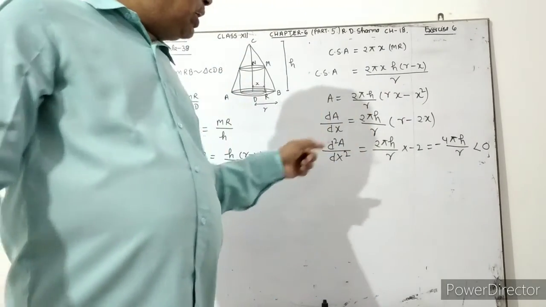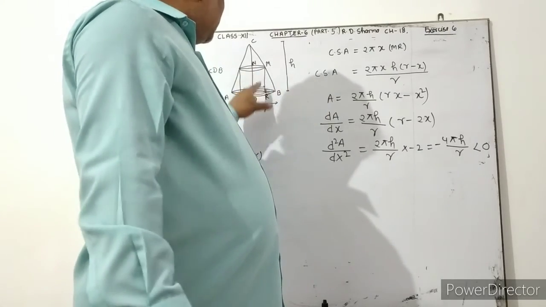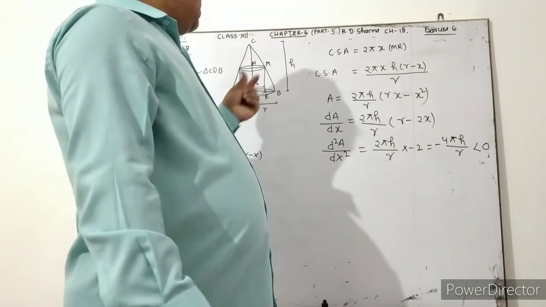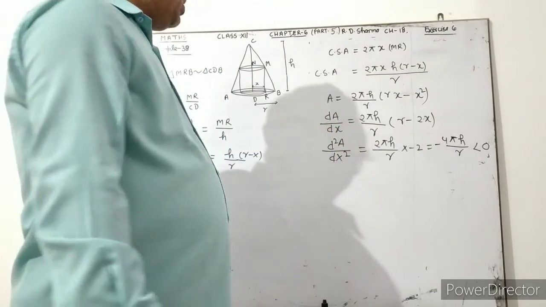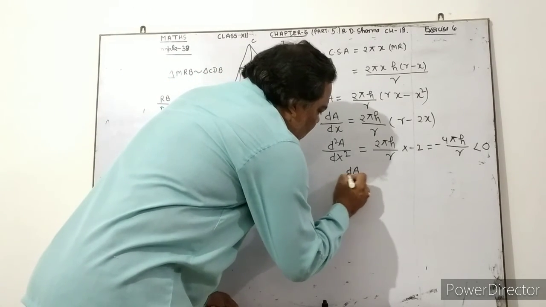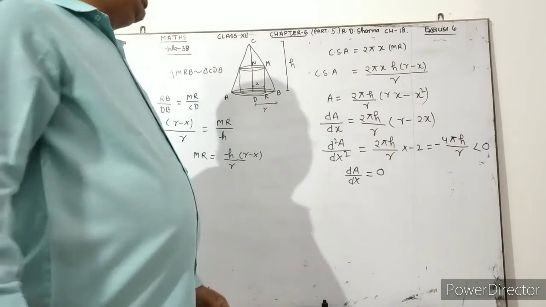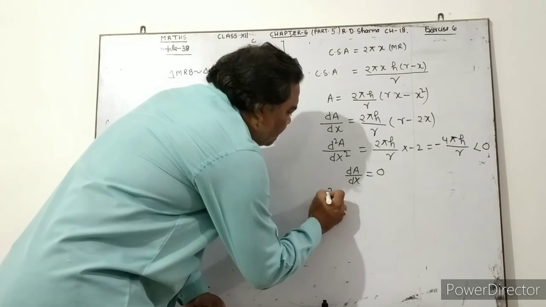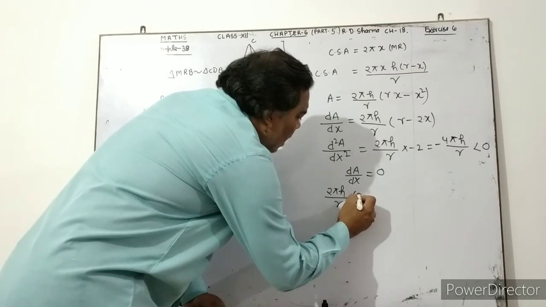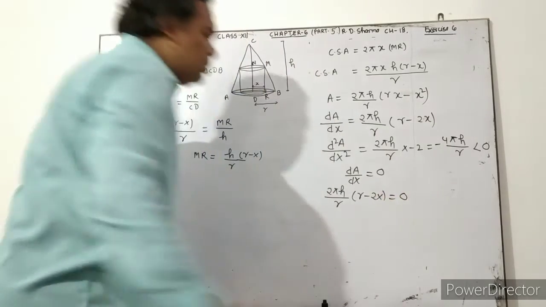means this is the maximum. But you have to prove that the height of the cylinder is equal to half the height of the cone when it is the maximum. Now put dA upon dx equal to 0. When dA upon dx is 0, then 2 pi h upon r into (r minus 2x) is 0.